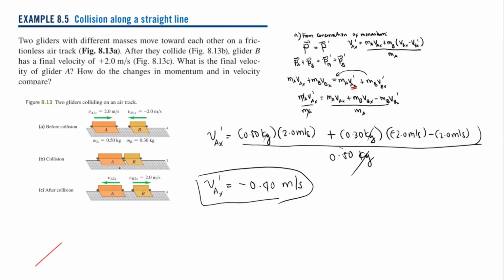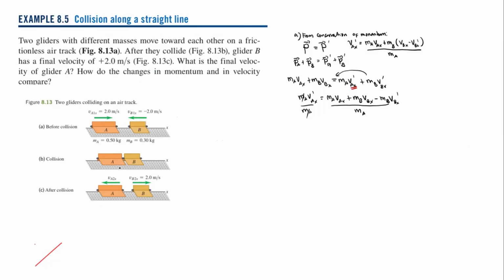How do the changes in momentum and in velocity compare? If you look at this one, let's look at the initial momentum. The initial momentum of A is equal to MA VAX.